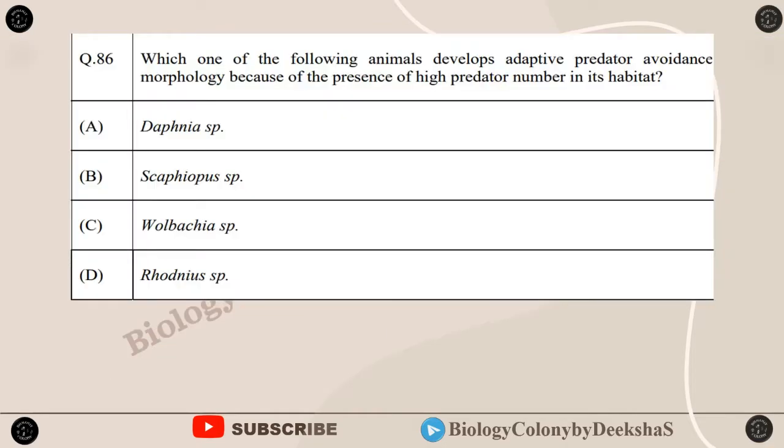The next question is, which one of the following animals develop adaptive predator avoidance morphology because of the presence of high predator number in its habitat? So the answer will be Daphnia species.